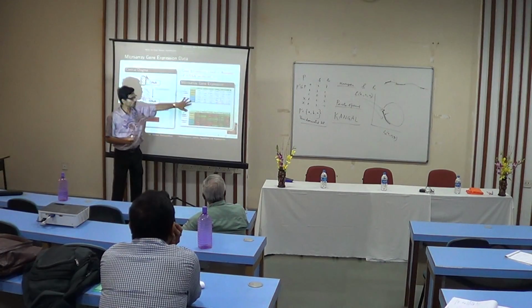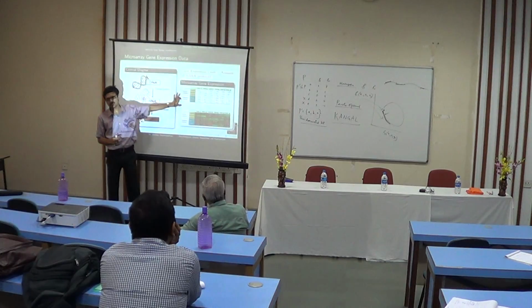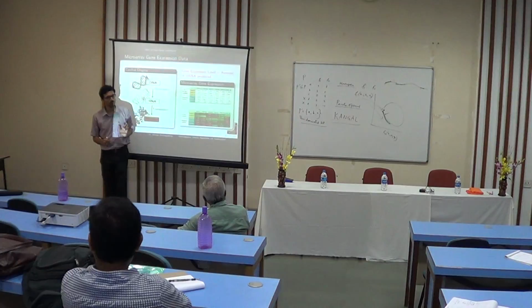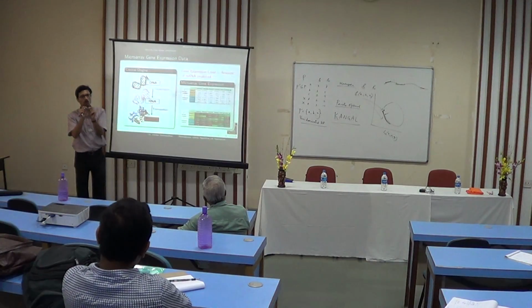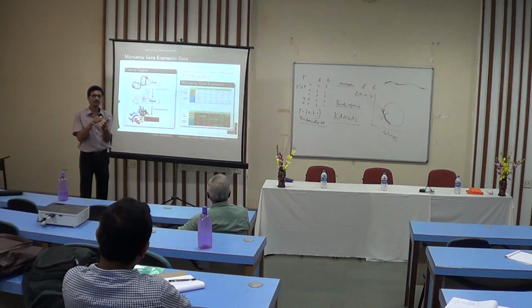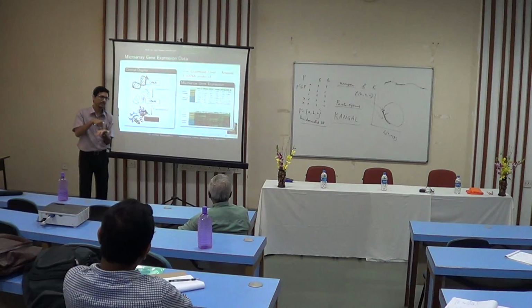So in the rows we have the samples, maybe two types of samples, normal samples and malignant samples, and in the columns we have the genes. And the value in the cell ij in this matrix represents the expression level of the jth gene in the ith sample.